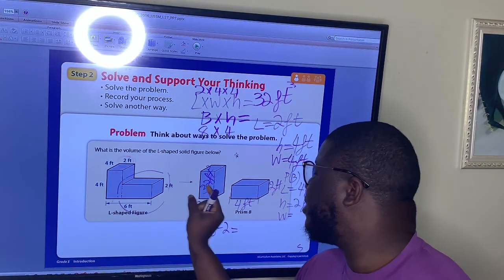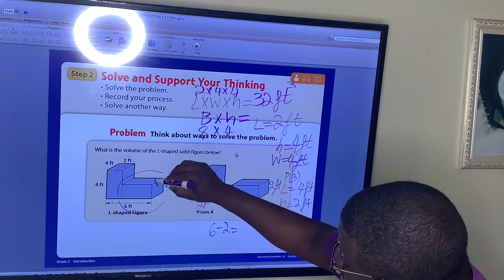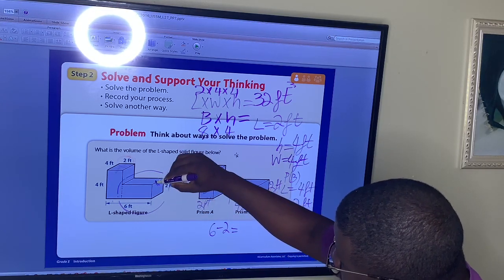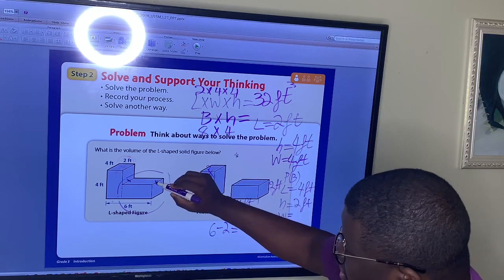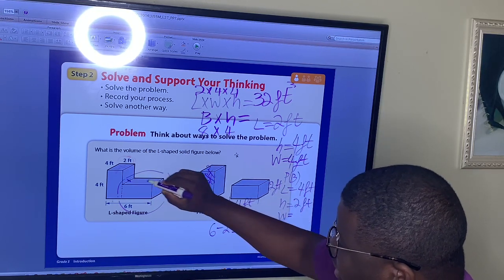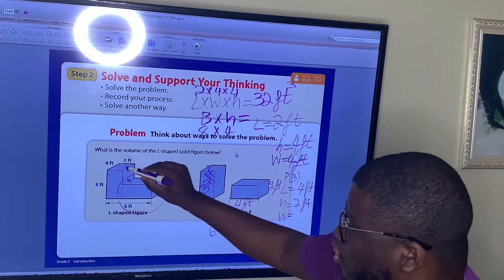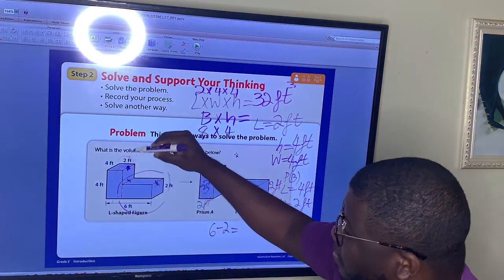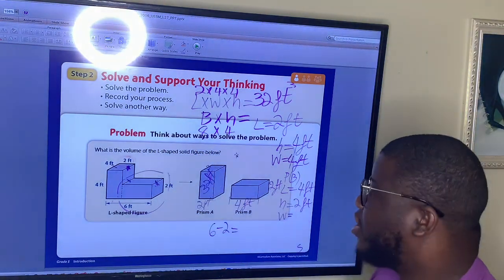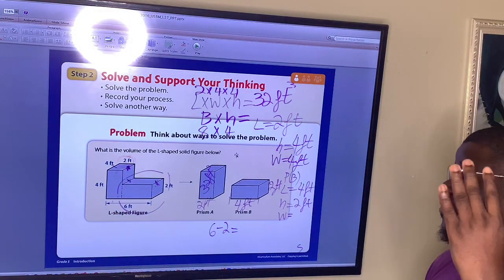How thick is this piece right over here? By simply following this corner, seeing this corner is parallel to this corner, so therefore it's congruent. It's the exact same length. Then I go up. This corner is also parallel to this corner. This side is parallel to this side. So therefore, the width is going to be 4 feet.